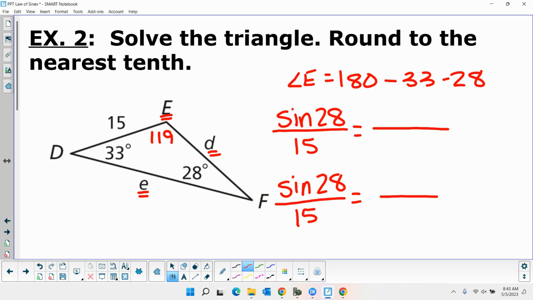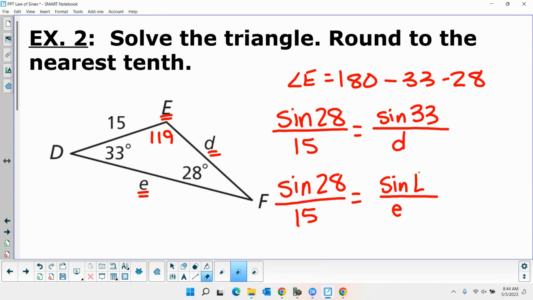All right. To find D, side D would be there. I'd use the sine of 33, the one opposite side D, which was angle D. For side E, I want to use the sine of 119 because that's angle E. Oops, not E. I know what it is.